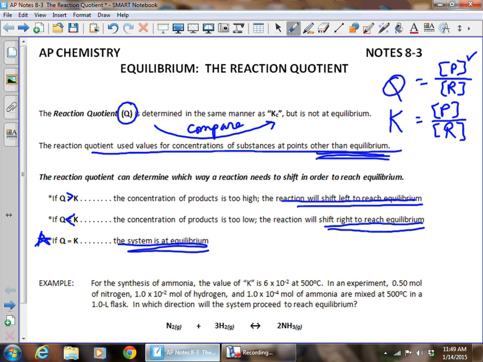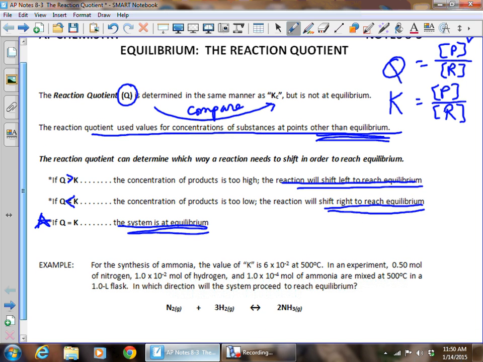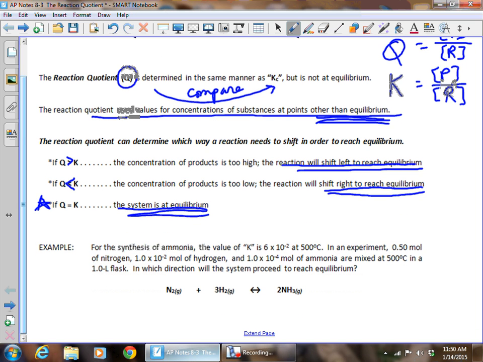So with the alligator mouth open towards K, it means it's going to shift in that direction to the right. That's just a quick way to make that determination if you're dealing with a multiple choice where you don't need any explanation. But if you need an explanation, you've got to talk about what happens in terms of the products and the reactants.